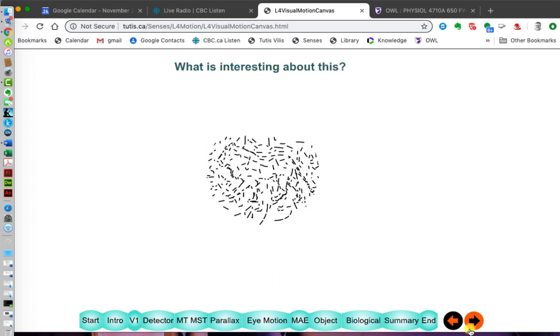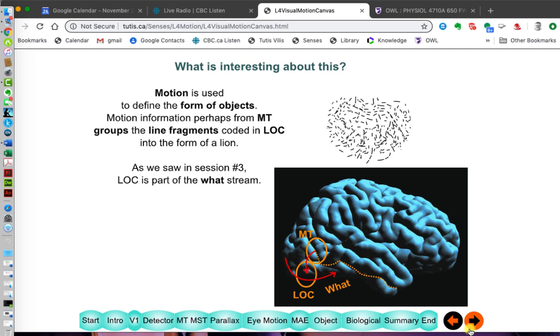Okay, what's interesting about this? Well, you see that lion, a moving lion, every time those dots start to move, and then it disappears when the dots become stationary or dashes. So what's happening here is that information from MT is being transferred to LOC, and that LOC says, okay, these dots are moving, and they're moving in the same direction.